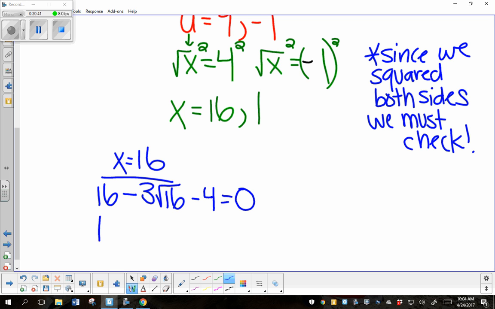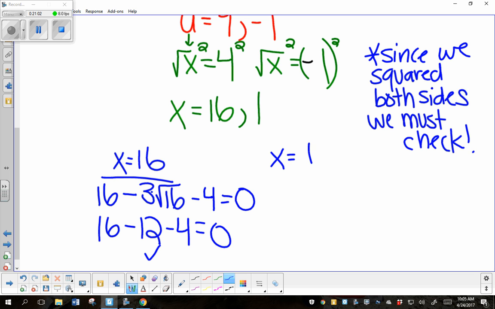So we've got 16 minus 3 times what? The square root of 16 is 4, and 3 times 4 is 12. So we've got 16 minus 12 minus 4 equals 0. Is that true? Yeah. Yay, that worked.